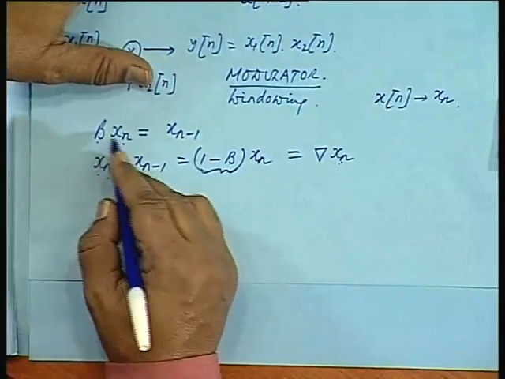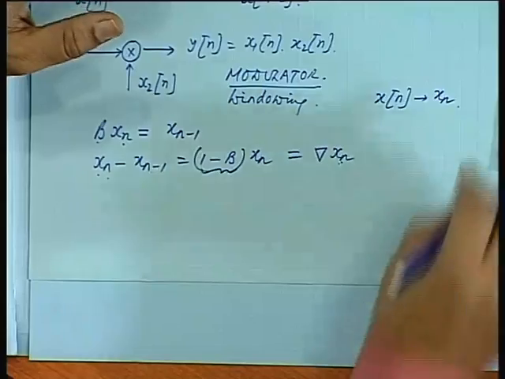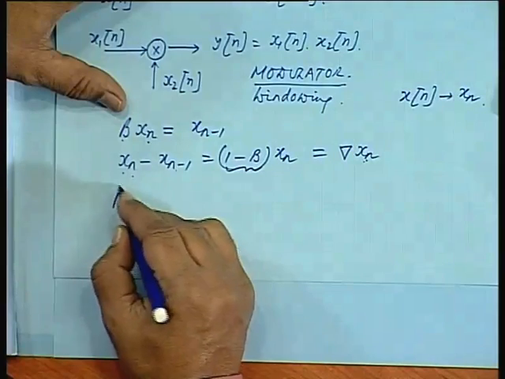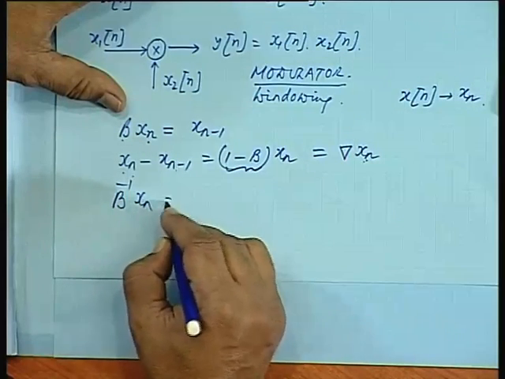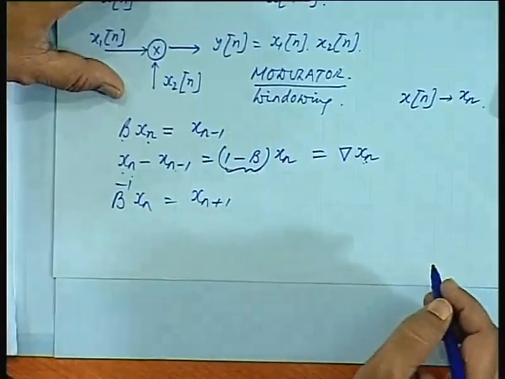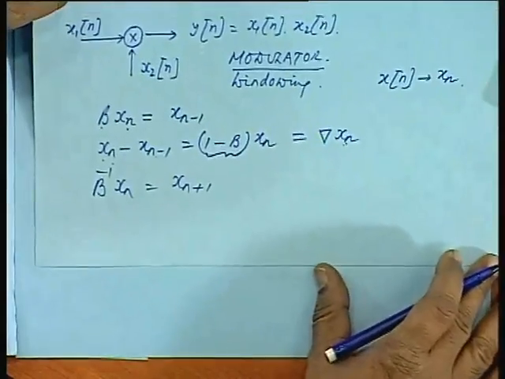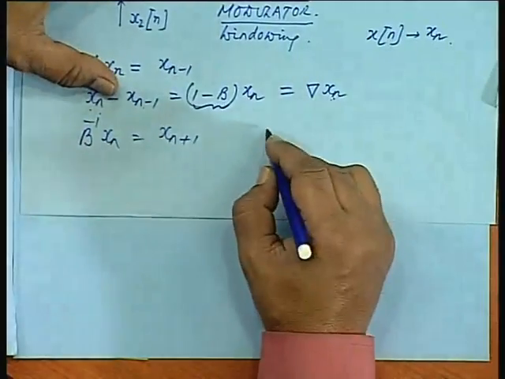If I have B x(n) as x(n-1), what will be a forward shift operation? Forward shift will be B inverse x(n), which will be x(n+1). Okay. What is this shift really meaning?